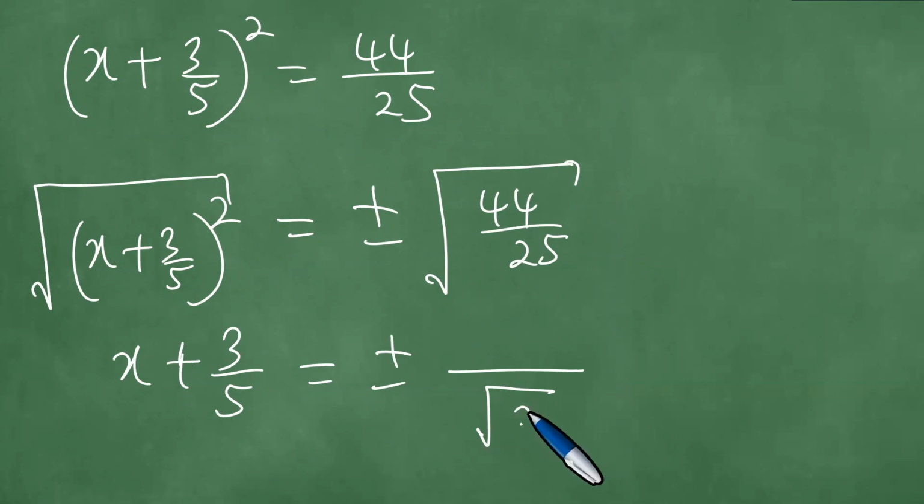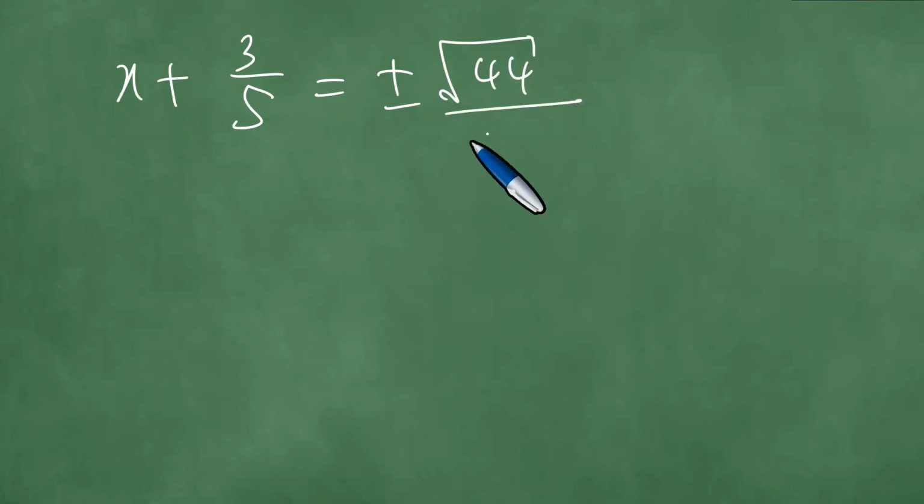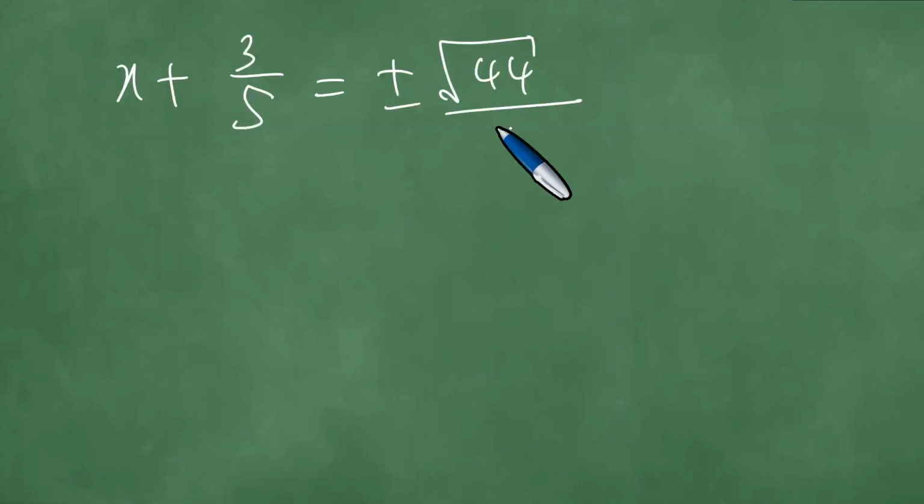You take the square root of 25 and you take the square root of 44. Okay, so it means that you have x plus 3 out of 5 plus or minus the square root of 44 divided by the square root of 25. What is the square root of 25? Anyone? It's a 5.